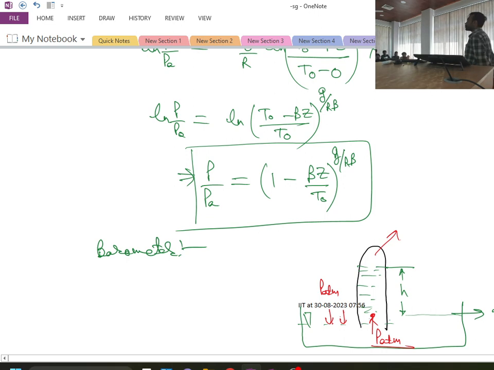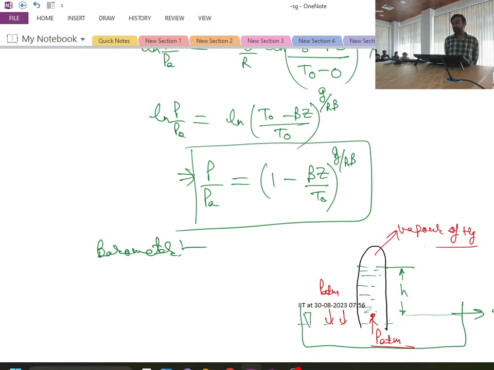And what will be the pressure in this inverted portion of the tube? In this inverted portion of the tube, we will have nothing but the vapor of mercury. The only thing that can exist over here is the vapor of mercury.